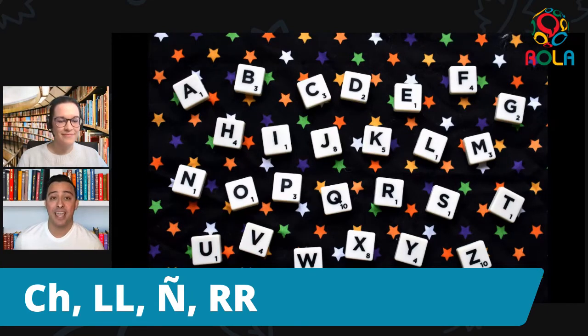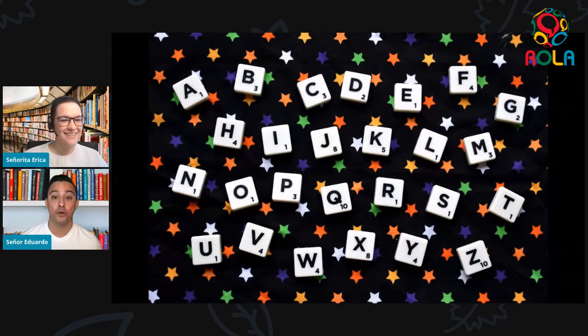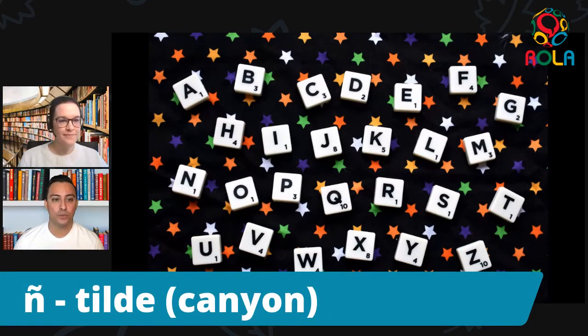But remember, che is actually ch, ella is ll, and R is RR or doble R, right? So it was kind of repetitive, even though it made the alphabet look kind of cool, huh? Muy bien. So the only one we have left is the ñ, which is this one.